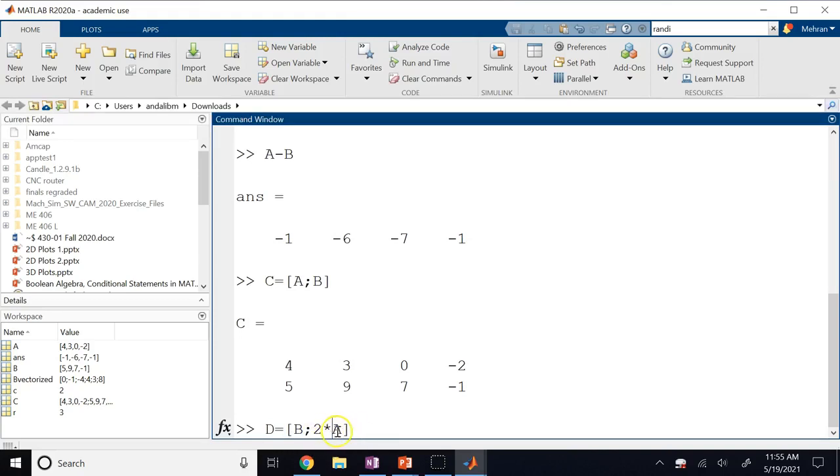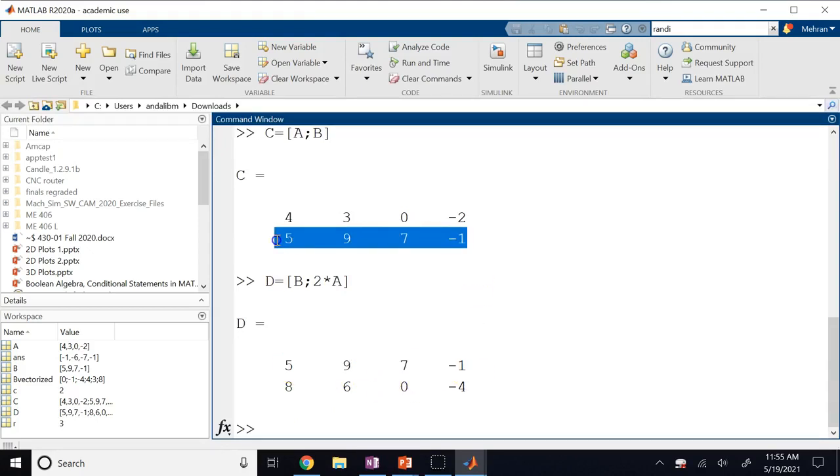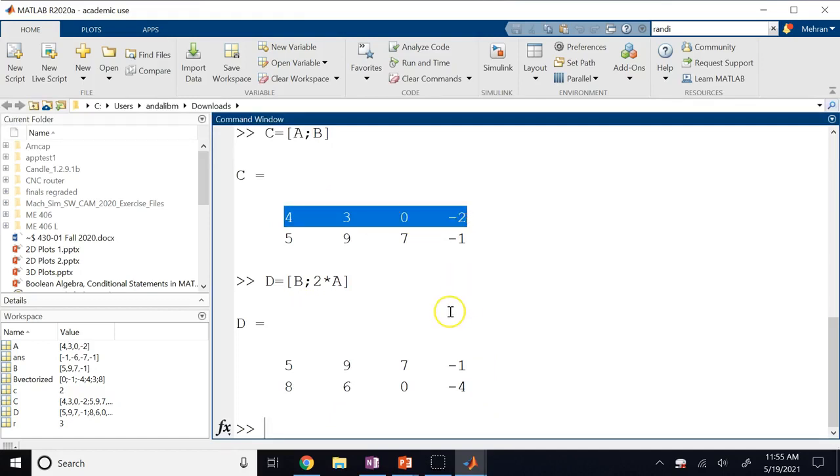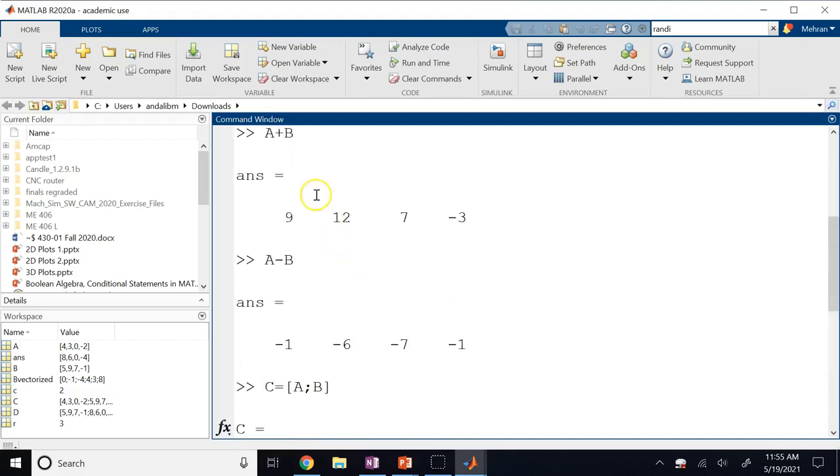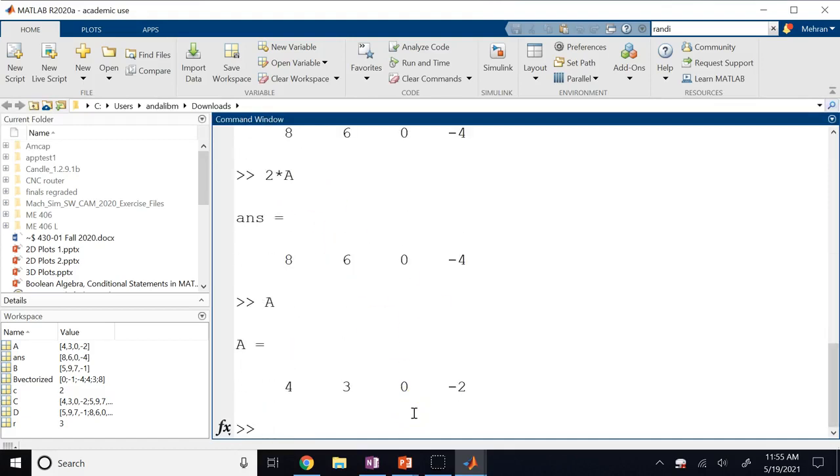Can I multiply a vector by a constant number? Sure. If you see here, the first row in D is the same as second row in C, both of them vector B. The second row in D is twice as much as A, right? So when I say 2 times A, I'm just multiplying every number in A, as you can see, by number 2, right?